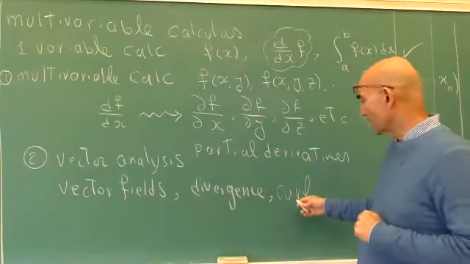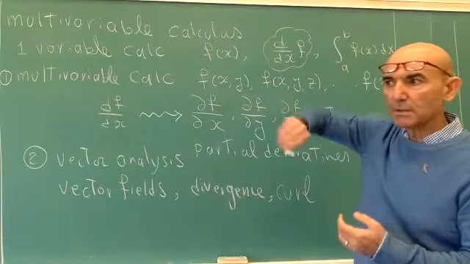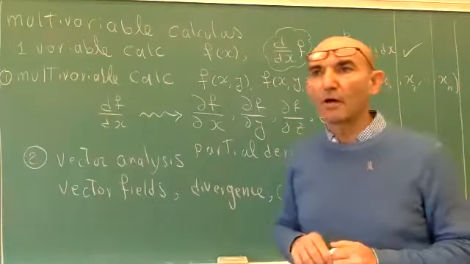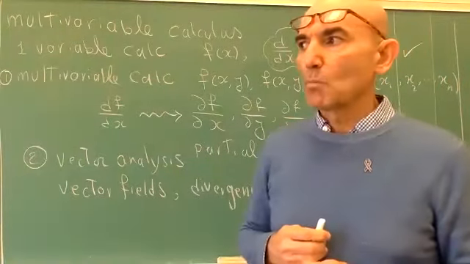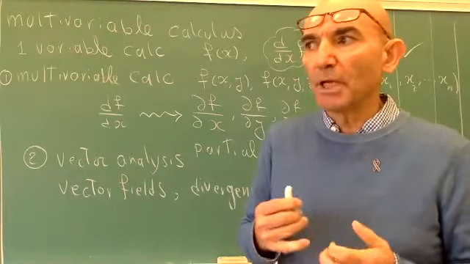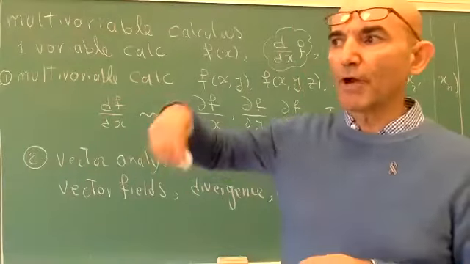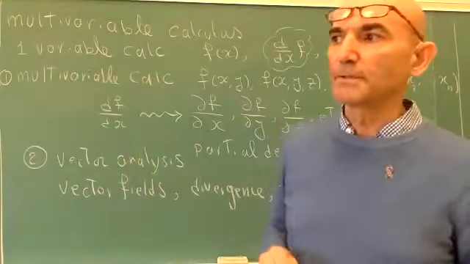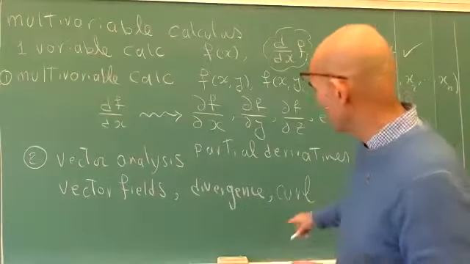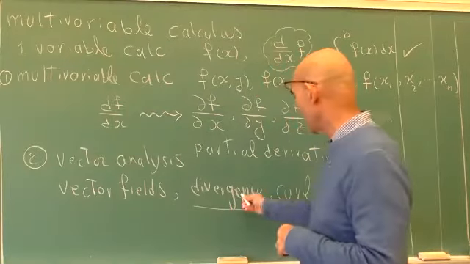The operation of curl, or rotation, tells us how much rotation is in the vector field. For example, if you have a fluid flow, this curl will measure how much vorticity is in the flow. If there's going to be a tornado somewhere in the air movement, or fluid movement, it's going to be measured by this curl and this divergence and the relation between the two.